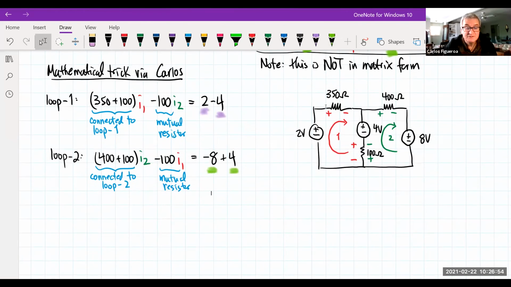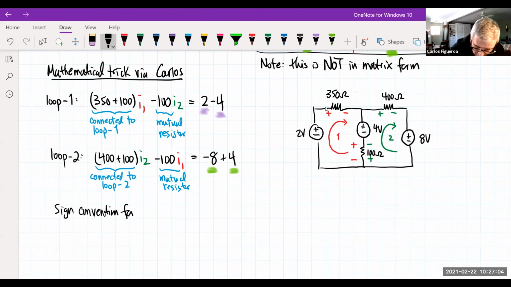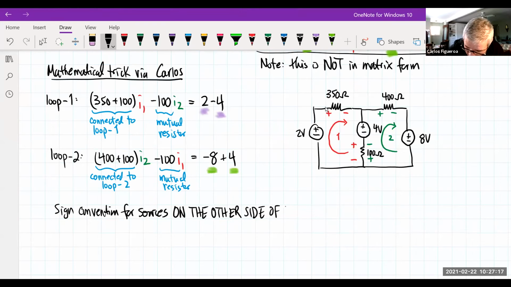So when I talk about my sign convention for sources on the other side of the equation, you've got to be careful. I'm still thinking KVL. So here's what I see.